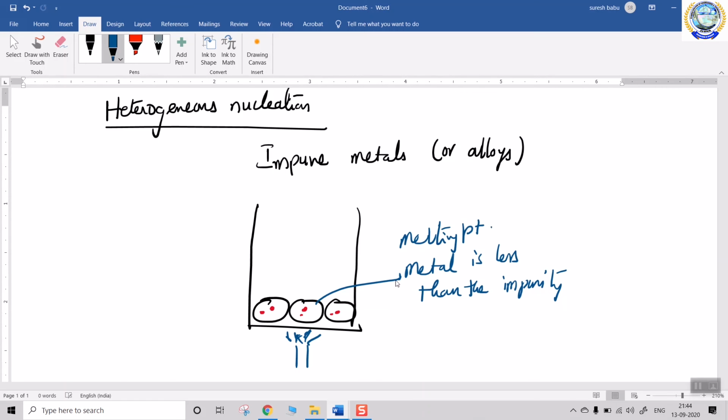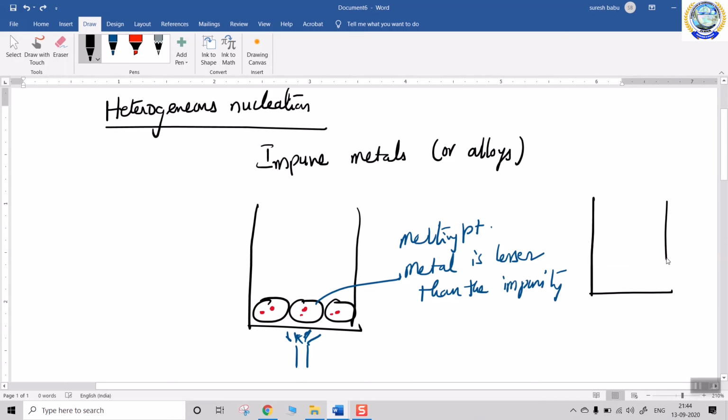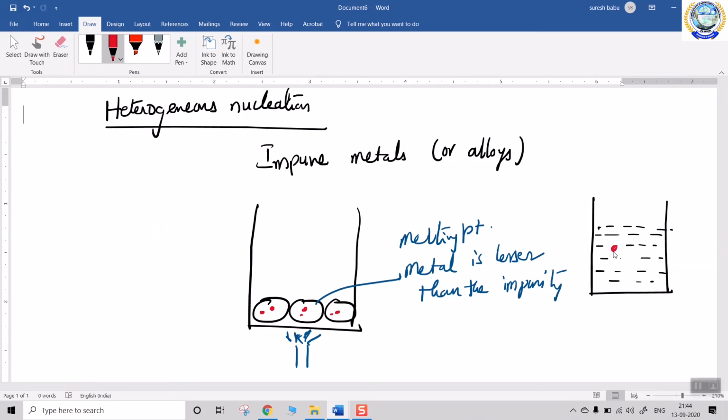That means the melting point of this metal is lesser than the melting point of the impurity. This is the vessel, and this metal went into molten state, but the impurities are present in solid state.